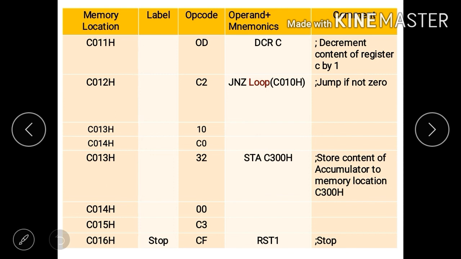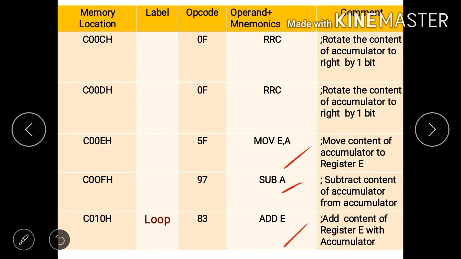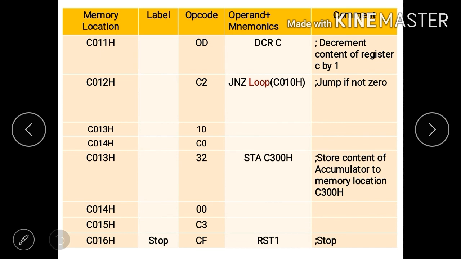The next instruction is jump if not zero. Until the counter register C becomes 0, we have to move back to the add instruction. That's why we are writing the location C010H into the JNZ instruction. The JNZ instruction is a 3-byte instruction, 1 byte for the opcode of JNZ and another 2 bytes for the address.